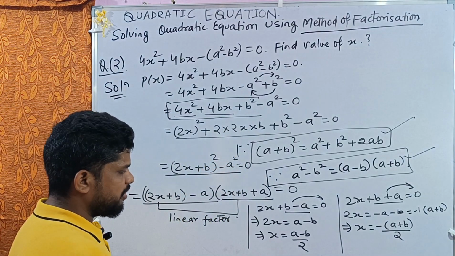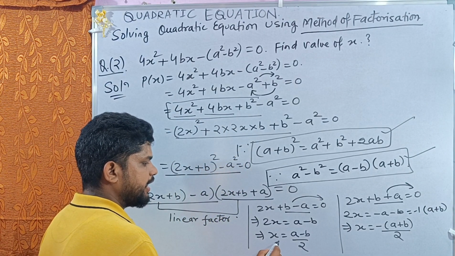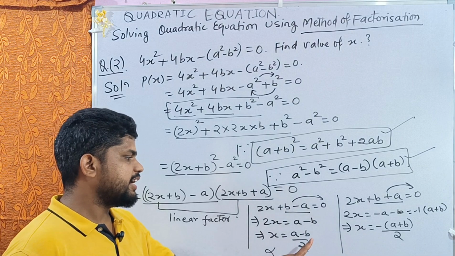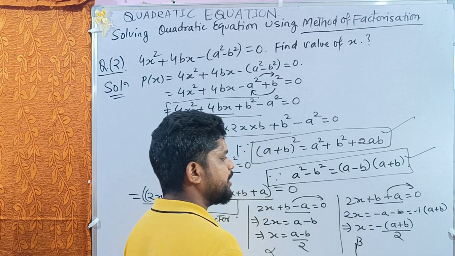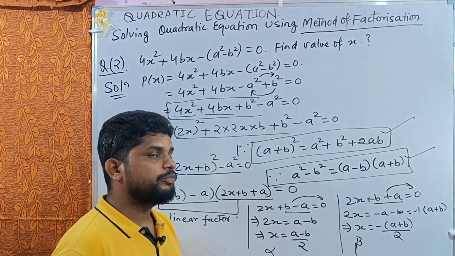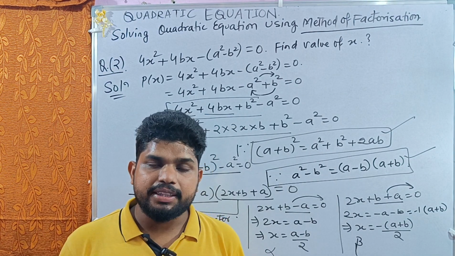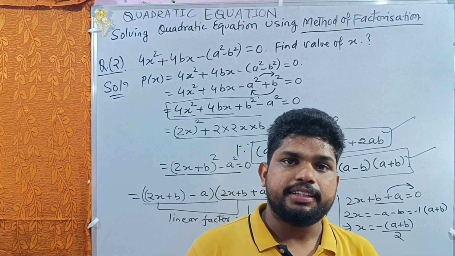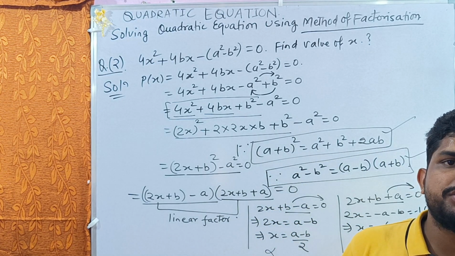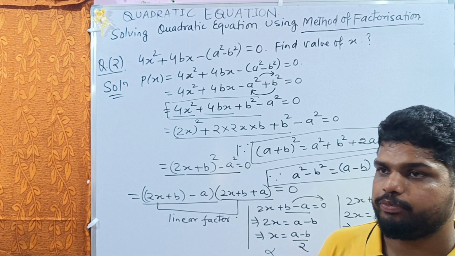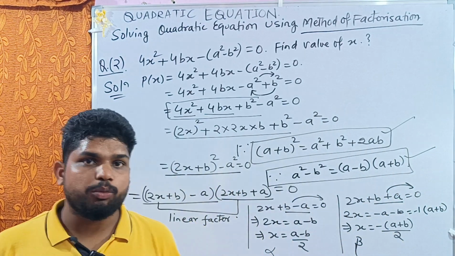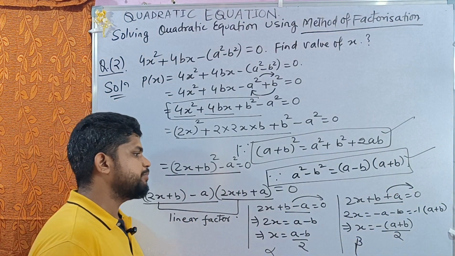So the value of alpha is a minus b divided by 2, and the value of beta is minus of a plus b divided by 2. So this is the method to solve the quadratic equation by using the method of factorization. Now let us see one more example so that you understand it better.